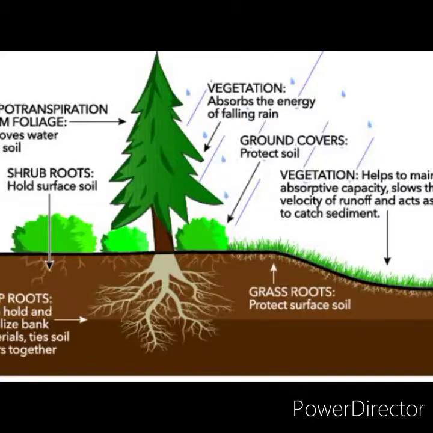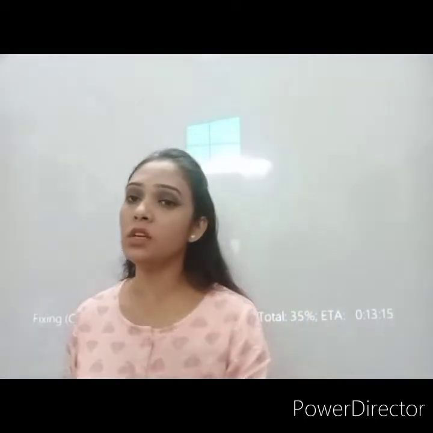Are you getting my point? These are all given by the forest, by the natural vegetation. They also help to control soil erosion. When the land is barren, there is no fertility because there are no trees. When there is no greenery, the land becomes infertile.